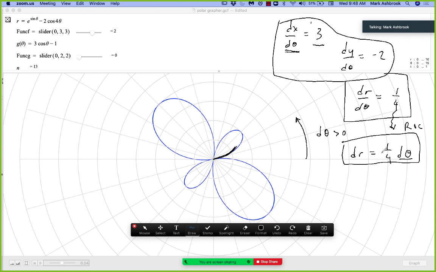This seems like more of a smaller rate of change, so maybe more like right here. r is still increasing; we're getting farther from the pole, but just gently, gradually, as theta increases.